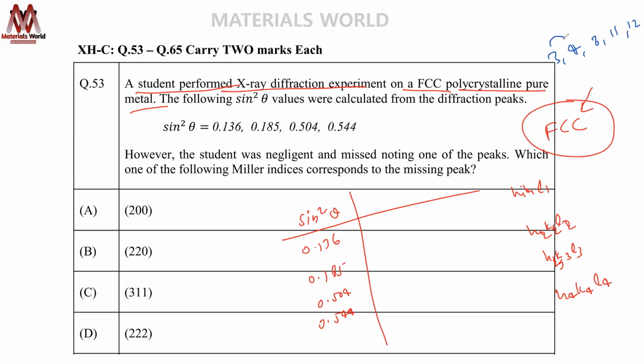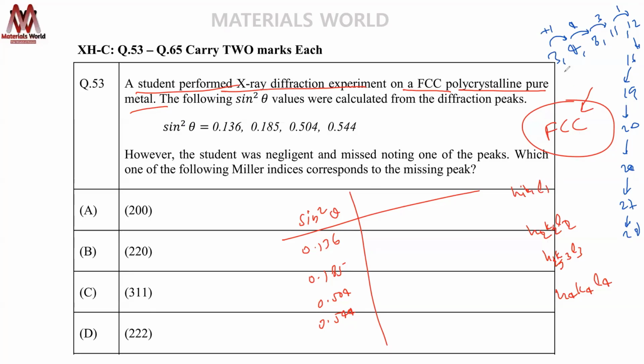How do I know? 1, 4, 3, 1, 4, 3. I'm adding 1, then 4, then 3, then 1. So you can write all of them. It's a 1, 4, 3 repetition.